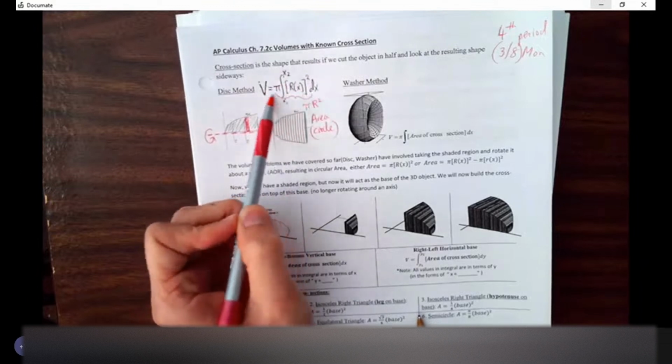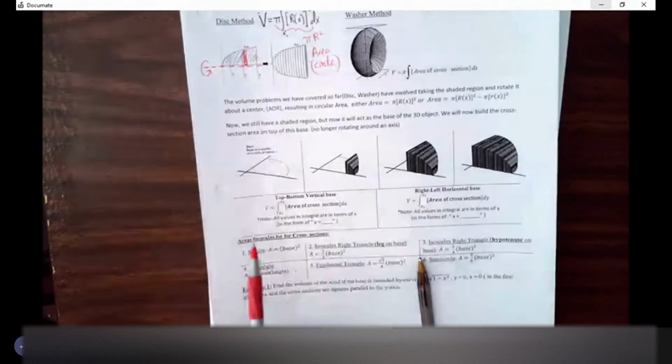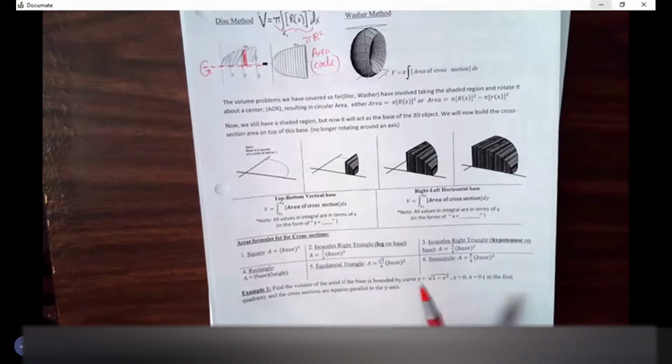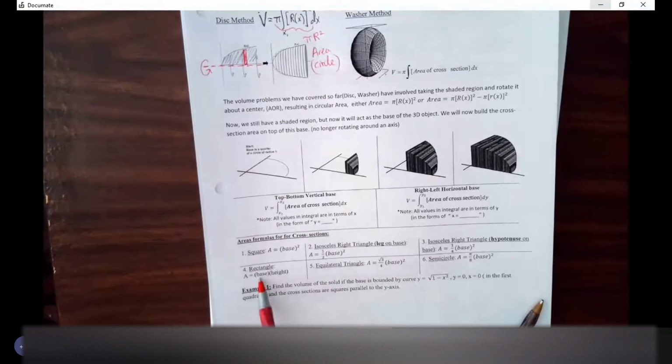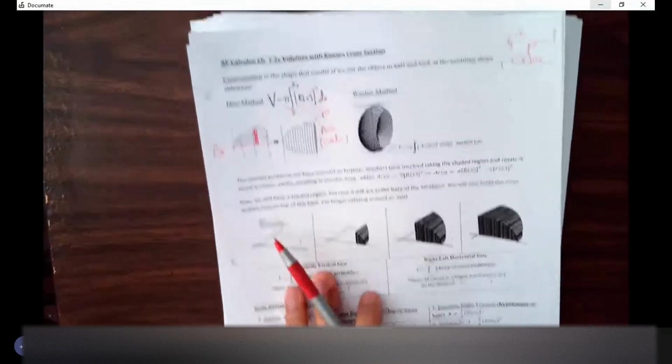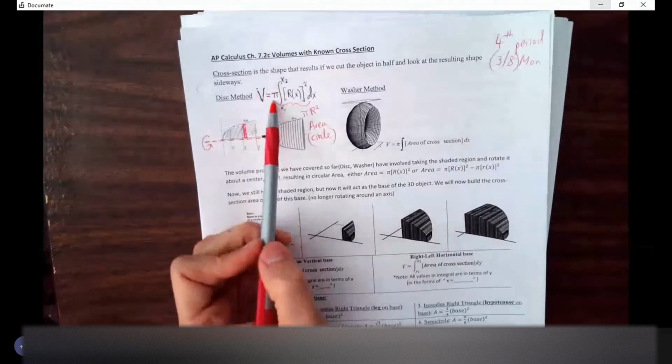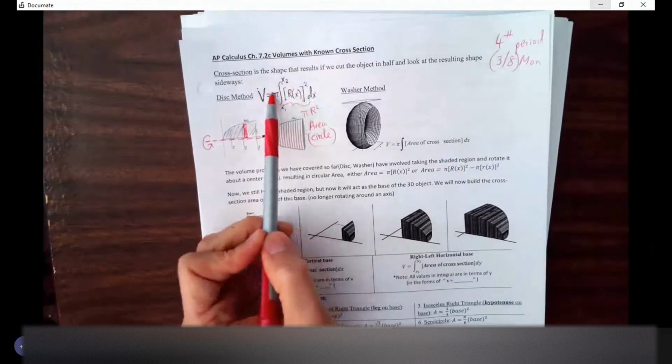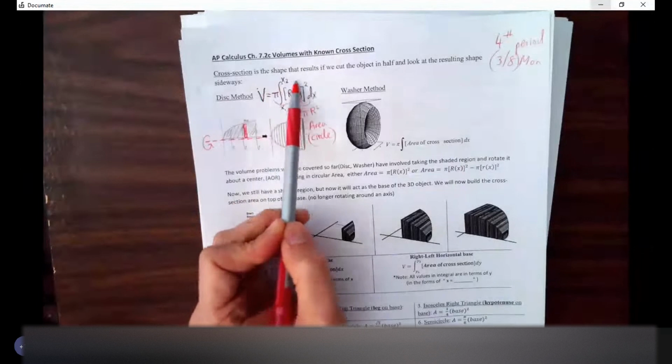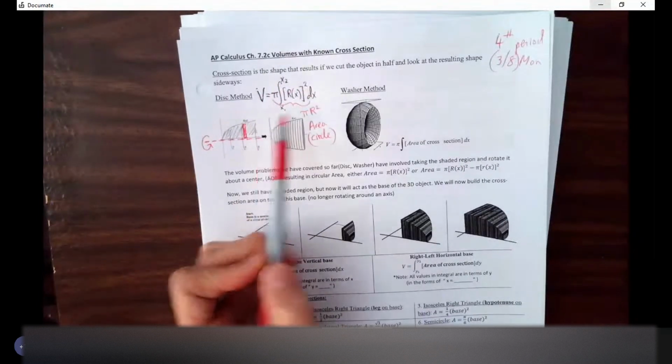It's not necessarily going to be circles anymore. It could be squares, it could be right triangles, it could be equilateral triangle, it could be a rectangle, it could be a semicircle. So whatever the problem calls for, we're just going to be replacing this piece with the appropriate area formula.